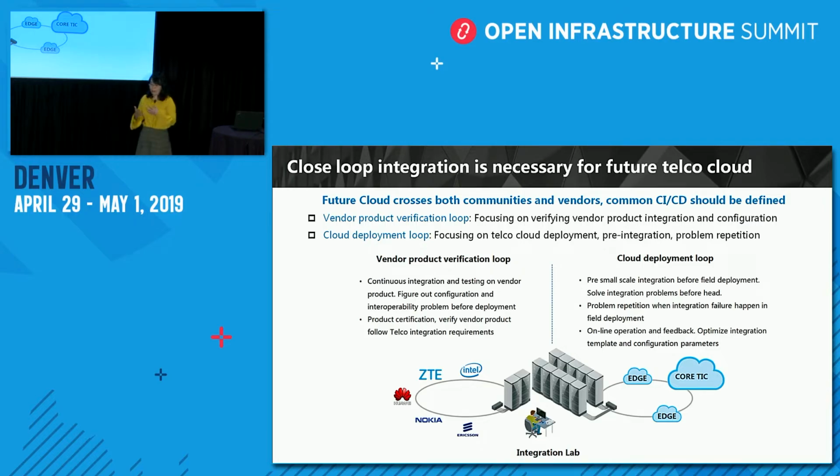So this is somehow like a pre-integration work. And on the right hand, the integration lab is actually connected with the actual data centers distributed across the whole nation, making sure that whenever we have a pre-integrated system finished, we could send it to the actual data center to do the deployment. And whenever there is some problem, we could repeat it again in our lab.